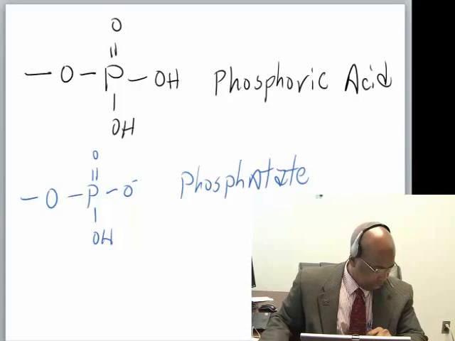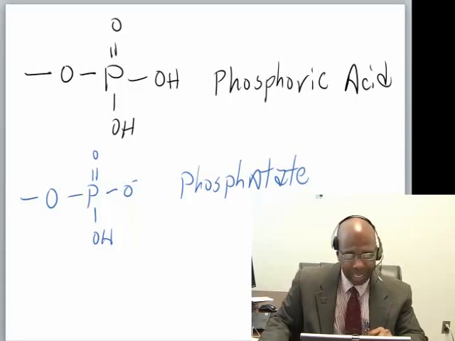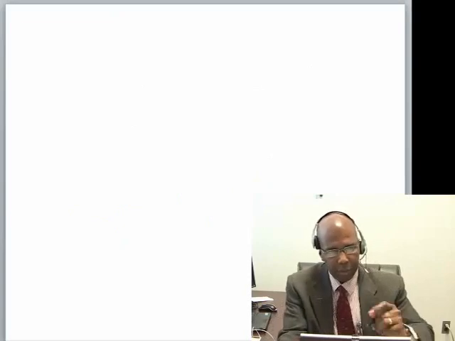Now, there are only two other functional groups left, and these are the important ones. These are really prevalent, and you really need to know these. I'm going to start with our carboxylic acid again, really our carboxylate.